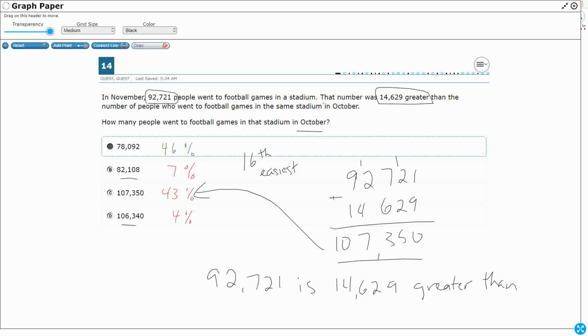Since we've got these numbers, we literally have these numbers without any type of operations. We can turn it into a sentence: greater than question mark. Well, does it then make sense to say that 92,721 is 14,629 greater than this one right here?